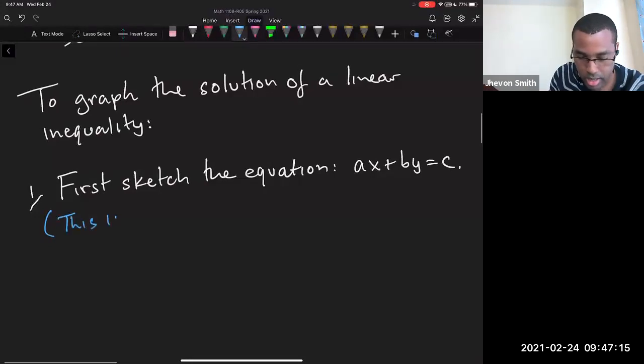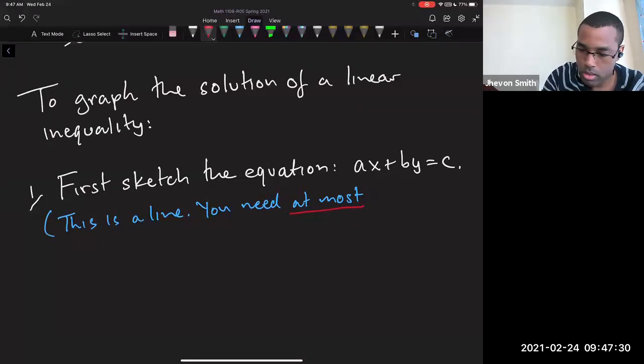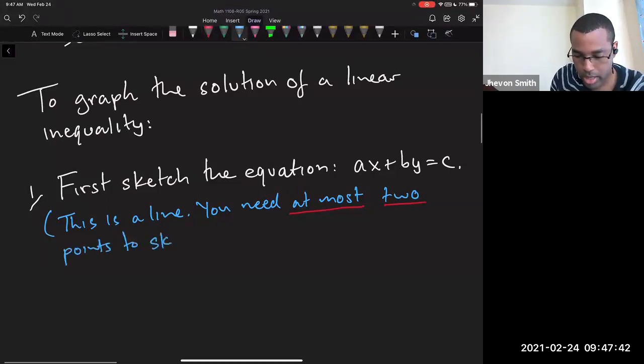This is a line, so you need at most two points to sketch a line.